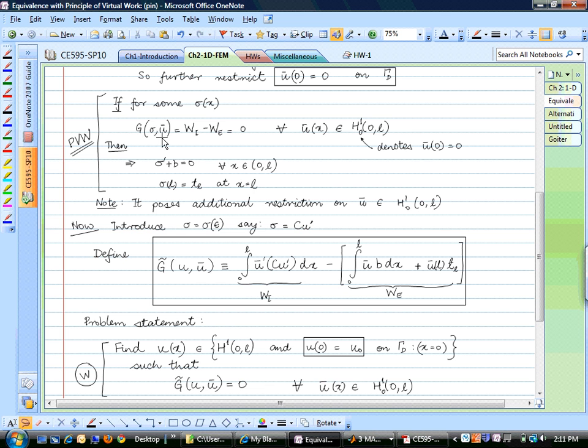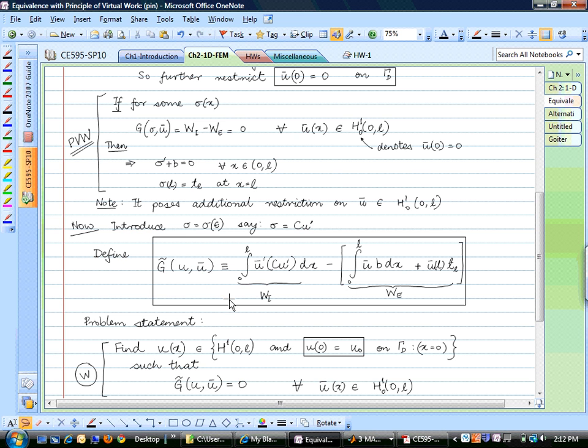All this while we also said that we are going to work with this sigma and u bar. We never introduced the material model, right? This sigma was related to the equation of equilibrium. It does not have anything to do with the material model. But now if we choose a particular material model, let's say Hooke's law in one dimension, then the modified functional is now a function of u and u bar, not of sigma and u bar.